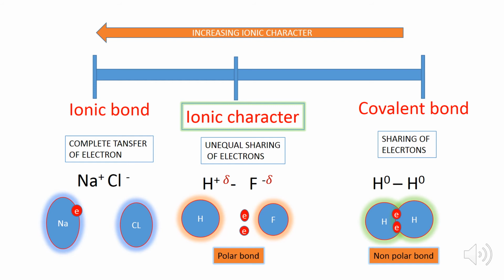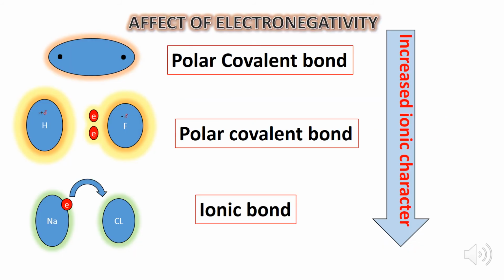And we know that in an ionic bond, there is a complete transfer of electrons from one atom to another atom. So let's discuss the effect of electronegativity on the ionic character.